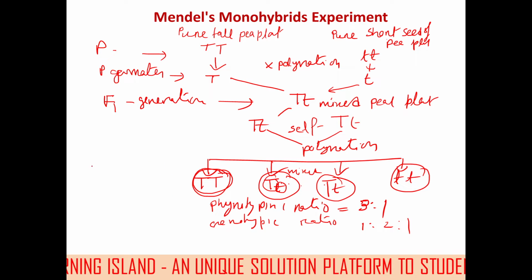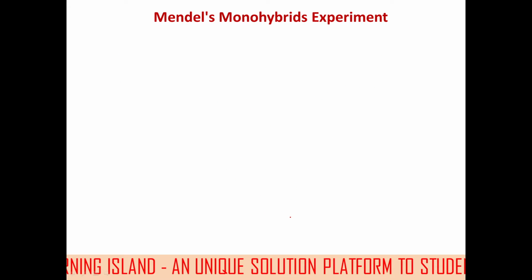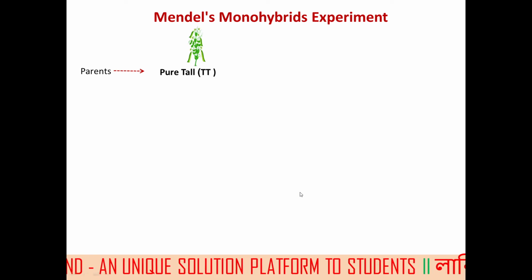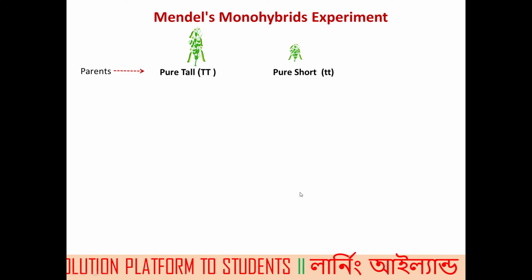Now this is the figure of F2 generation. Mendel named it F2 generation. So this is the rough figure for your understanding. Now I am showing you the main figure, how it looks. So this is the parent stage, pure tall, pure short.